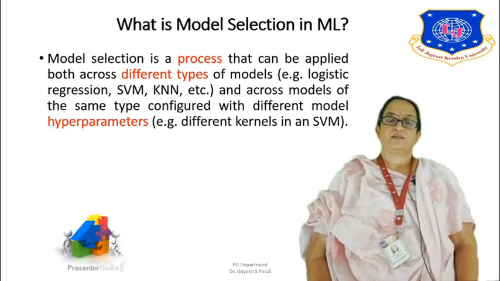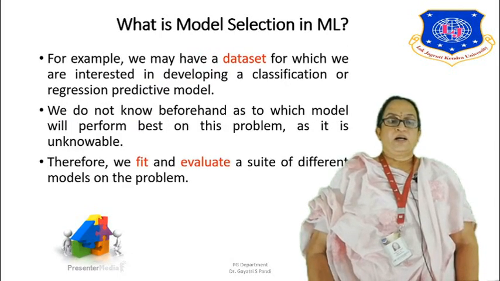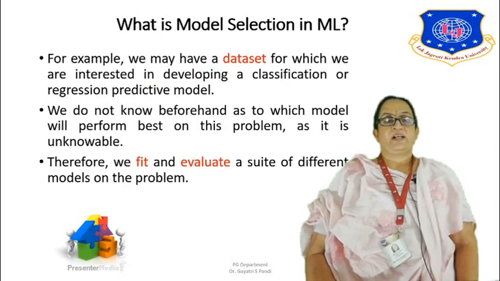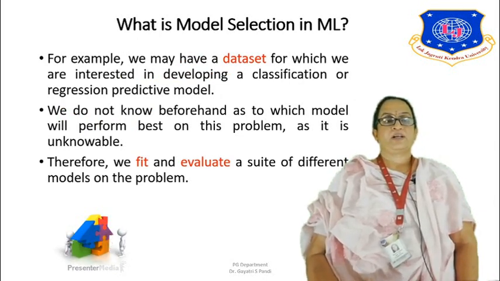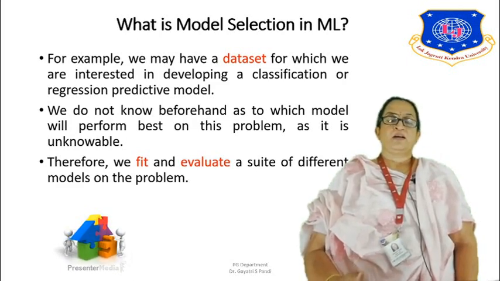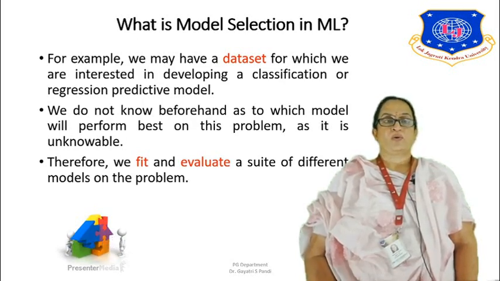We have seen various kernels are there in SVM. For example, we may have a data set for which we are interested in developing a classification or regression predictive model, and we do not know beforehand which model will perform the best on a specific problem, as it is not known or unknowable.